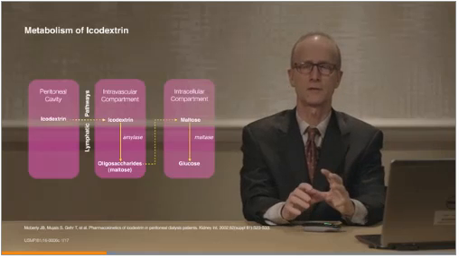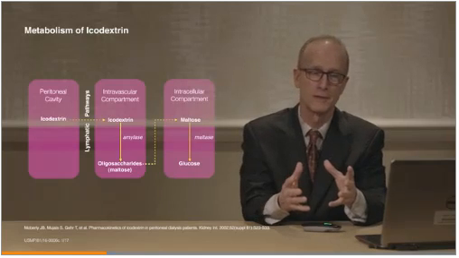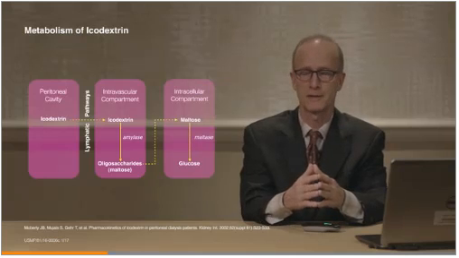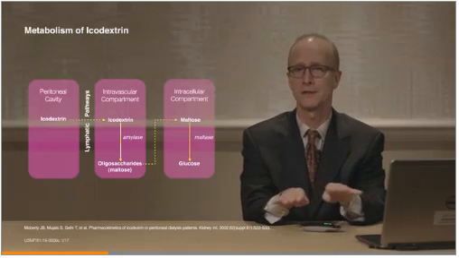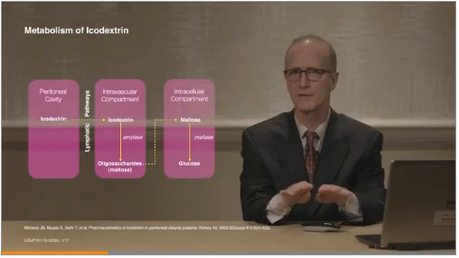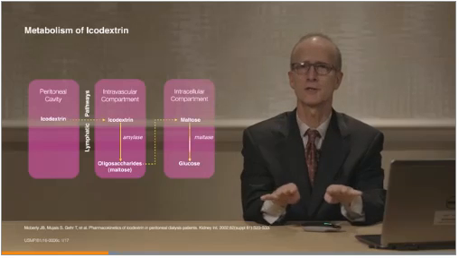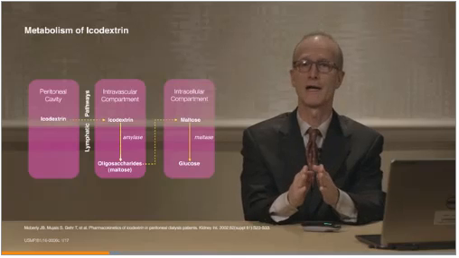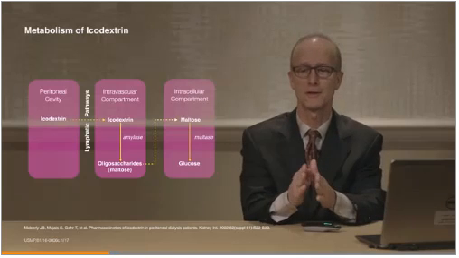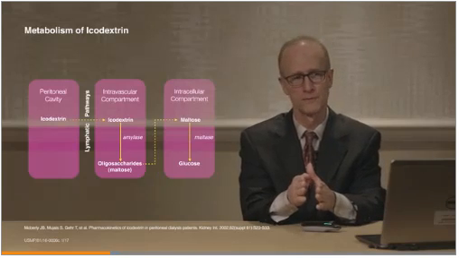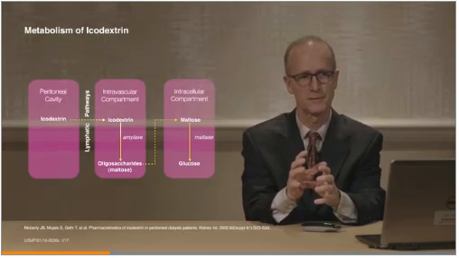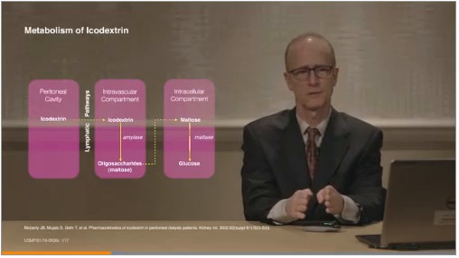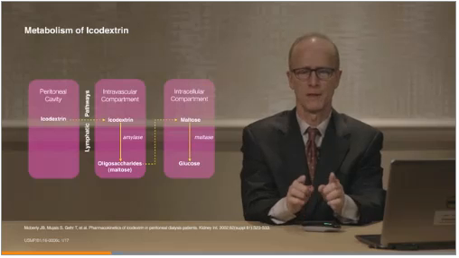And when it reaches the intravascular component, being a starch, it is subjected to pancreatic amylase. And pancreatic amylase starts to do its digestion of starches and breaks these large glucose chains into smaller and smaller fragments. The ultimate fragment is a 2-glucose chain called maltose. So in the intravascular compartment, we have amylase digestion of icodextrin up to maltose.